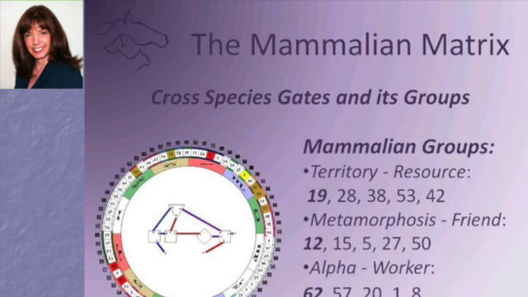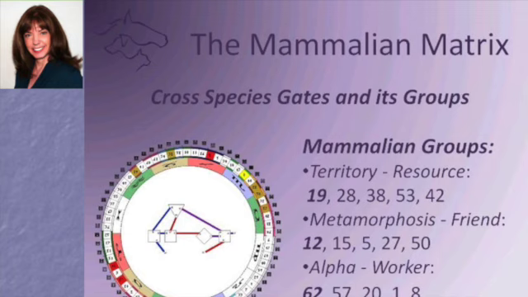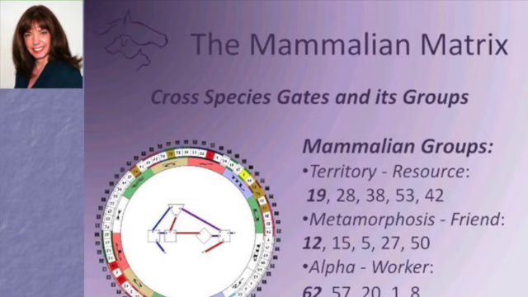And the gate 12 is also a cross-special gate. So if you have, for example, gate 12, you're probably, without even realizing it, someone that animals just automatically think of as a friend. And it's true. Especially this cross-special side, which is the 22nd gate.